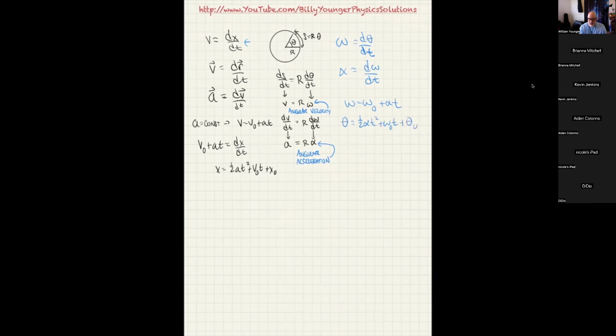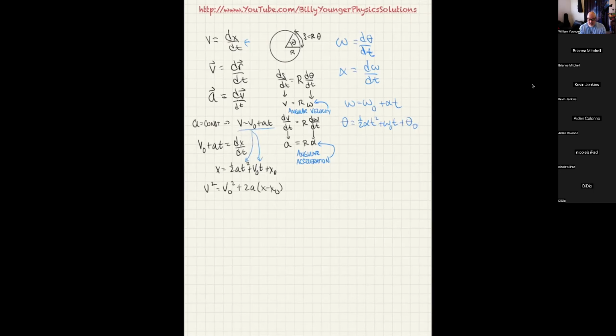And of course, when we solved this equation for t and plugged it in this equation here, we ended up getting v squared is equal to v0 squared plus 2a times x minus x0. Well, guess what?